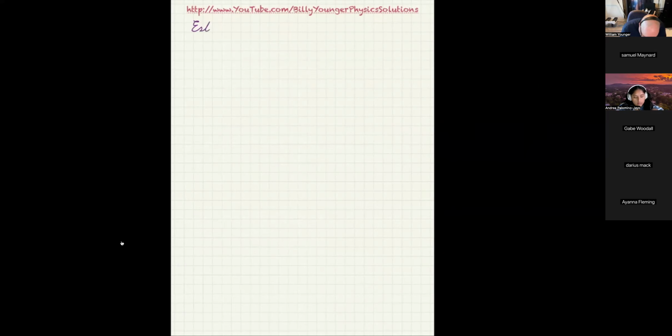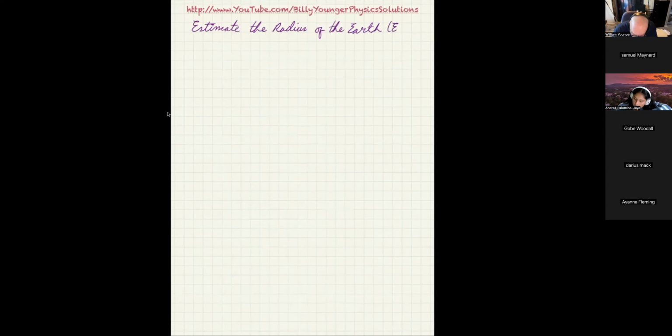Estimate the radius of the Earth, and we're going to do it in a very specific way. I'm looking at example 1.9, so you can refer to your book on this, but I'm going to read it.